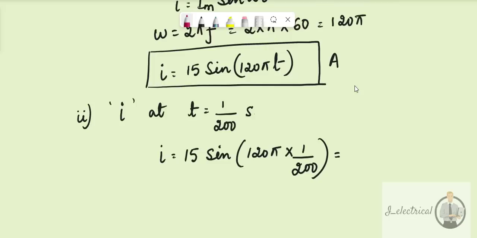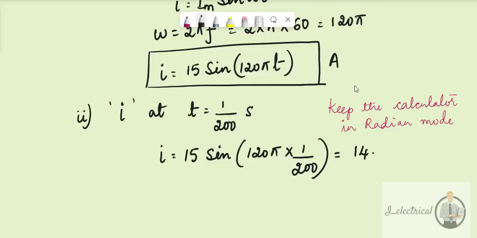This is very important. You'll get n number of YouTube videos which you can refer to on how to set the calculator to radian mode. If I do this, I'll get 14.27 amps. So the instantaneous value of the current is 14.27 amps at t is equal to 1 by 200 second.